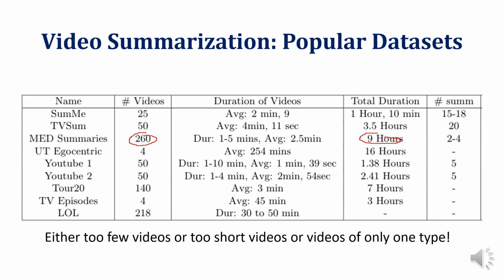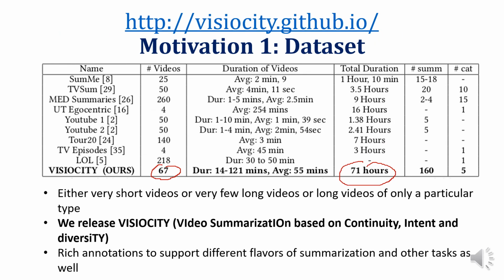So the issues, they're either too few videos or too short videos or videos only of one type, which is egocentric. So we present a new data set and a new paradigm, which is visuosity, which has a significantly large footage, which is 71 hours with 67 videos with a duration of 14 to 121 minutes, an average of 55 minutes.